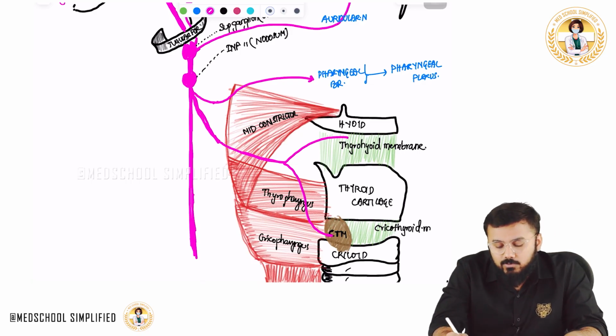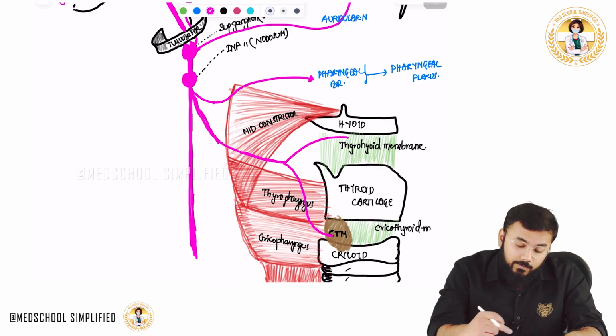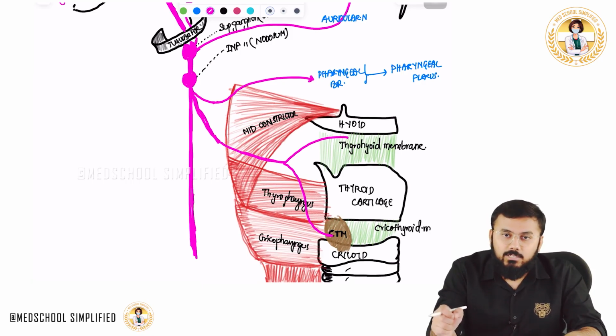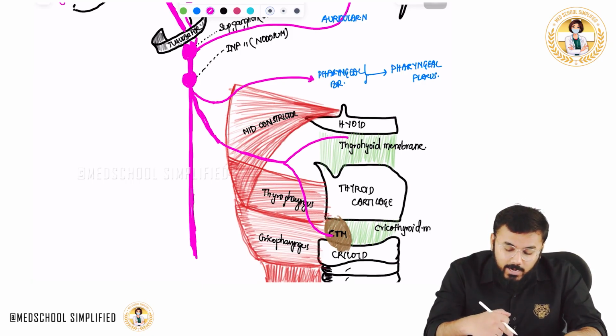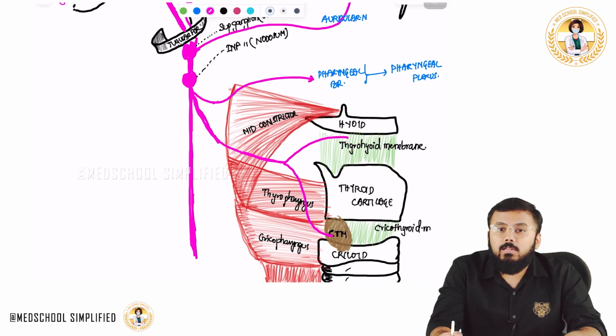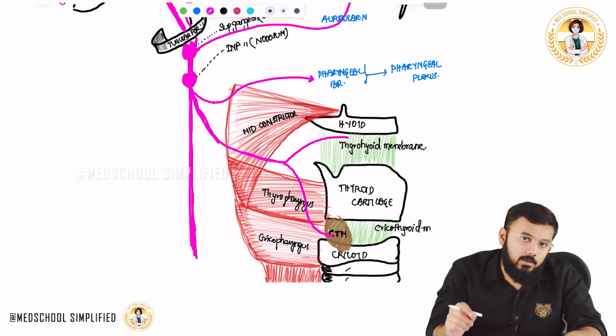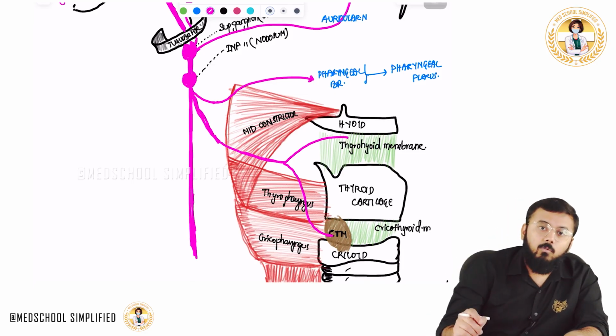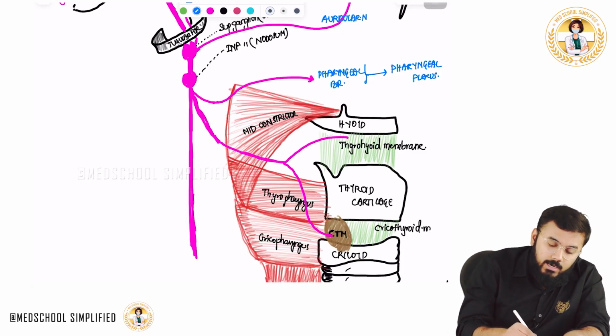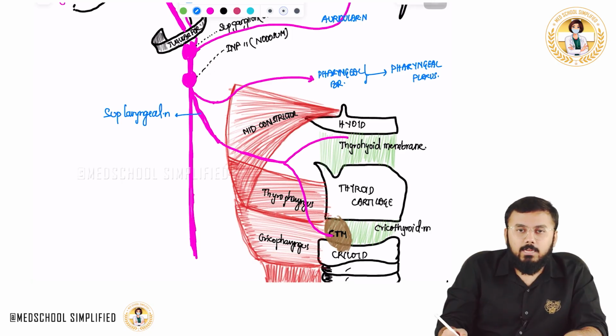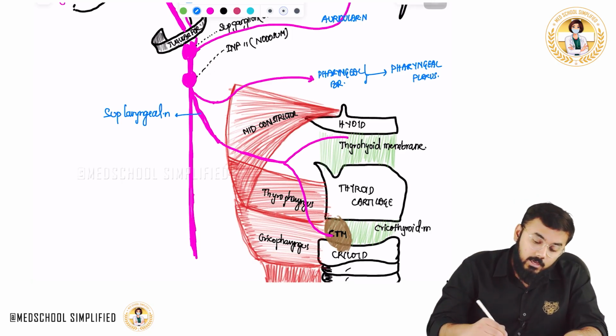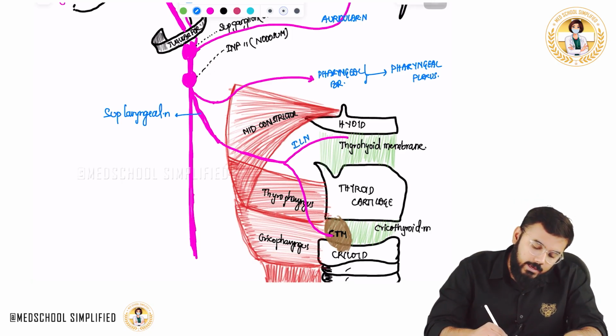Now, what is this branch which is entering the thyrohyoid membrane? This is called the internal laryngeal nerve. And what is this branch down which is supplying the cricothyroid muscle? That is called the external laryngeal nerve. So what you need to understand is that the name of this branch is the superior laryngeal nerve, and it is divided into two branches: one is ILN, the other is ELN.